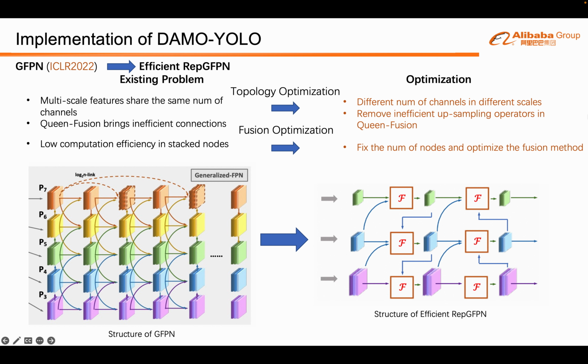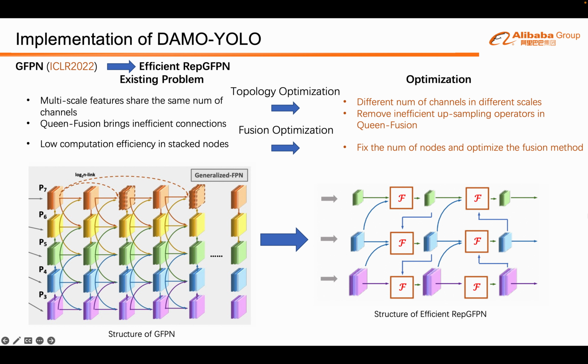We summarize the reasons for inefficiency in the following points. Number one, features with different scales share the same number of channels. It leads to redundant features and inflexible network configurations. Number two, there are too many inefficient upsampling and downsampling operators to fuse features with different scales, which slows down the whole model considerably.